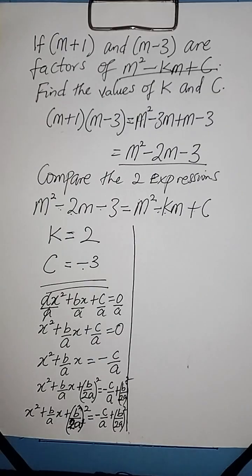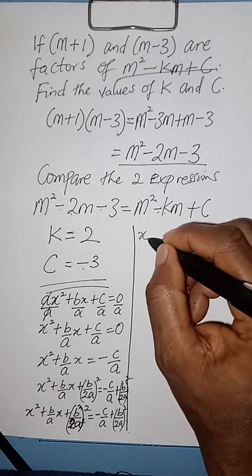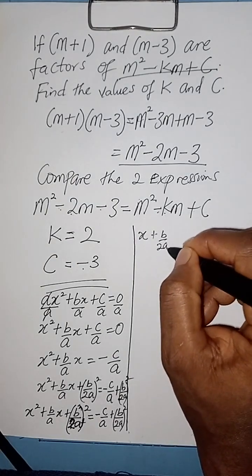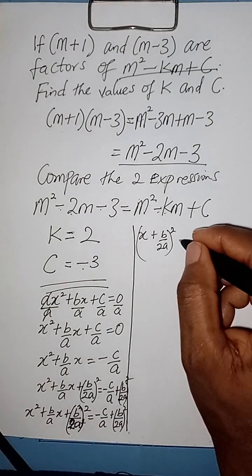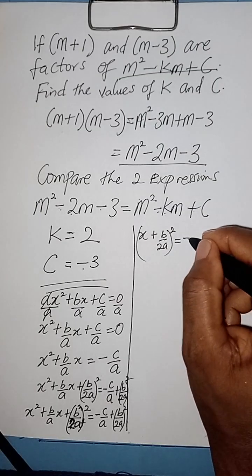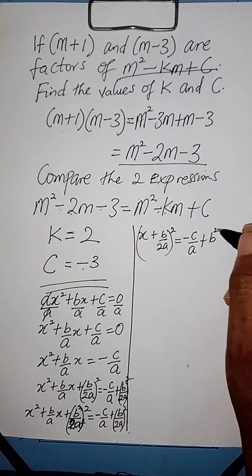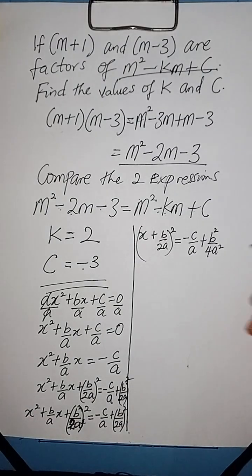If I'm going to write the left-hand side, I think I have enough space here now. It's going to be x plus b over 2a all squared. You don't need to expand it; that's what we've been doing. So don't expand this yet. But you're free to expand your right-hand side, minus c over a plus b squared over 2a squared, which will be 4a squared. So you are free to expand the right-hand side, but don't expand the left-hand side.